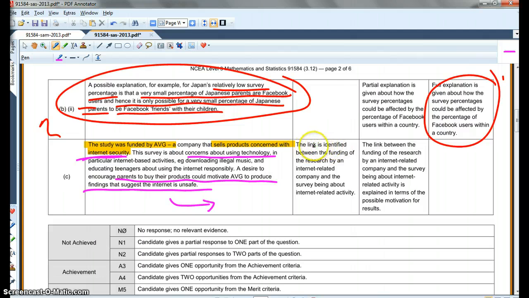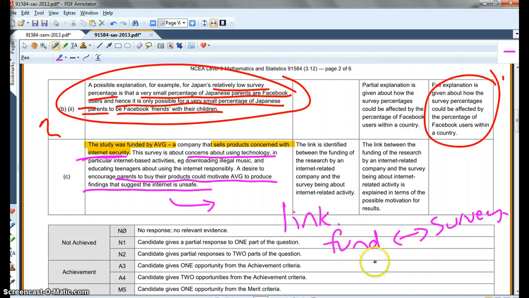Now, to pass this question, a link identifying between the funding of the research by the internet-based company and the survey being internet-related activity. So the funding and the survey.